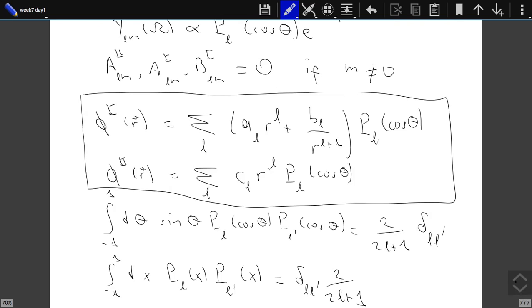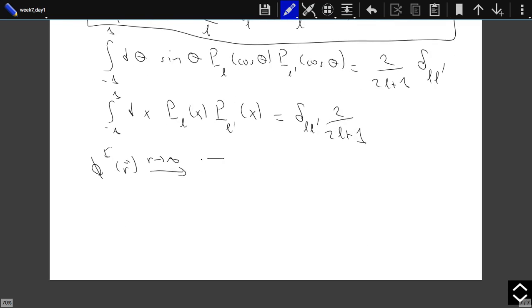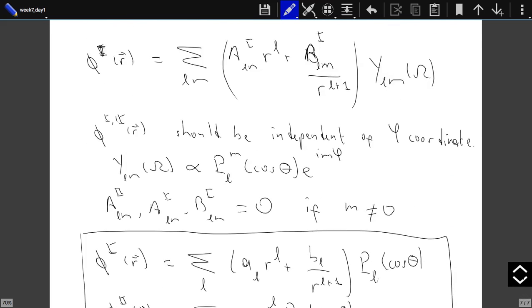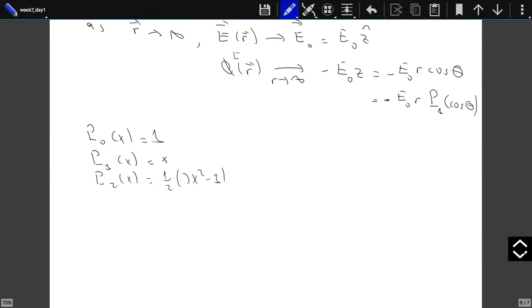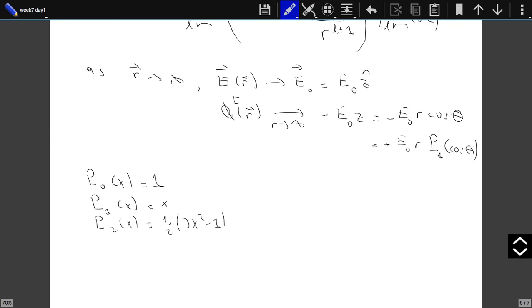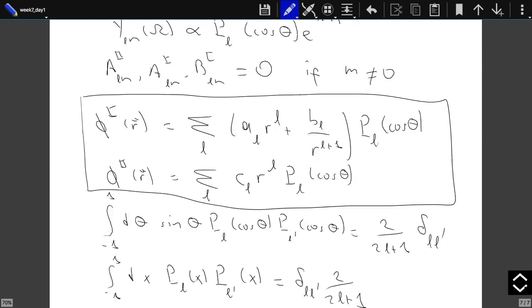There's still one boundary condition I can impose on my potential in region 1. Remember phi 1, in region 1. As r goes to infinity, you see this is phi 1. As r goes to infinity, the terms proportional to B_L, they all go to 0.